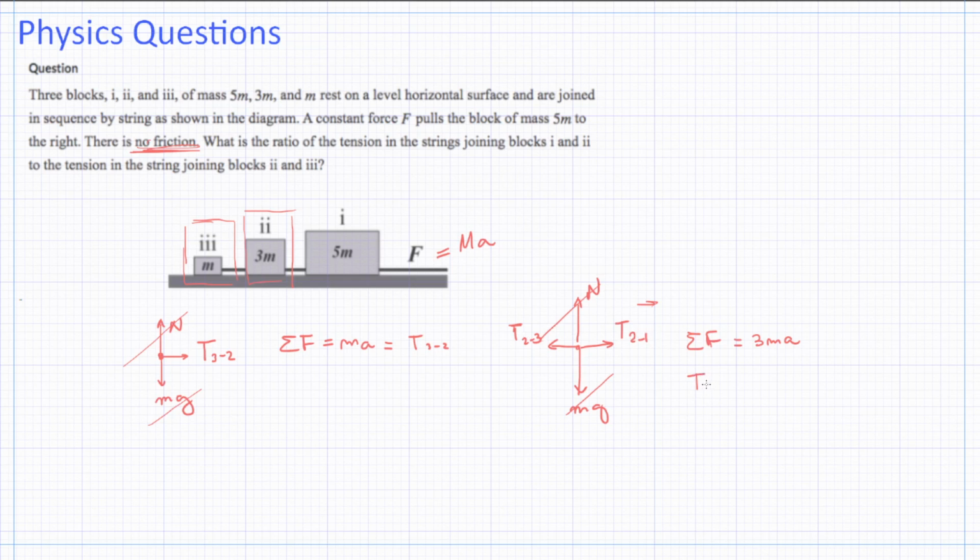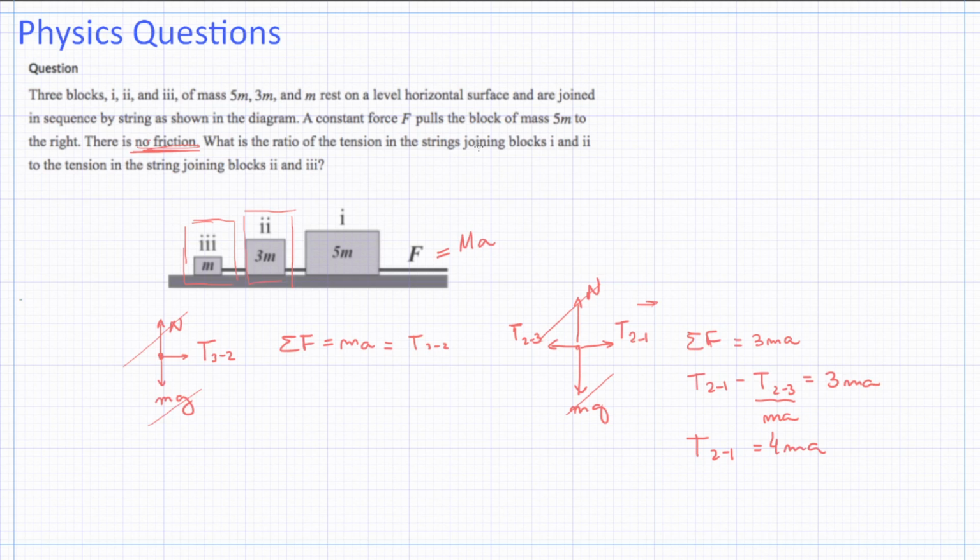So I could do T2,1 minus T2,3 equals 3 times lowercase m times a. Since T2,3 is the same magnitude as our T3,2, this is ma. Therefore, T2,1 is equal to 4ma.